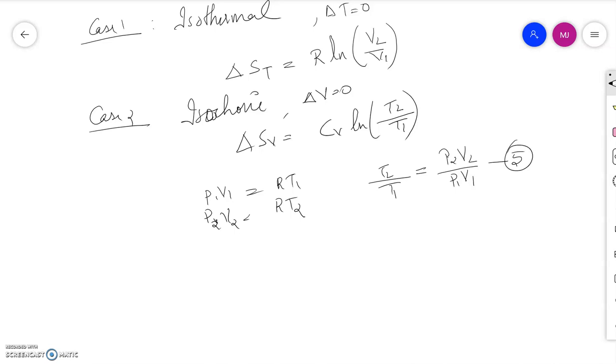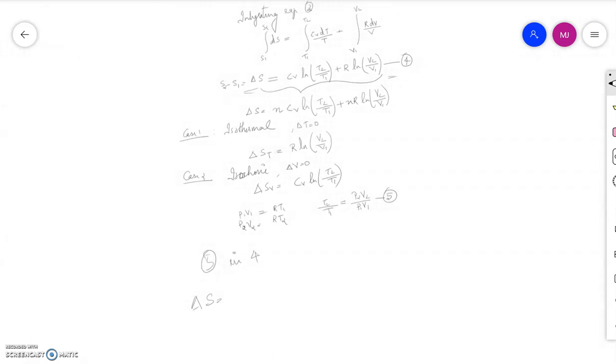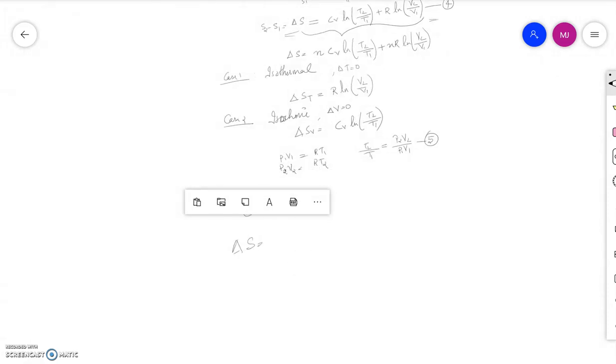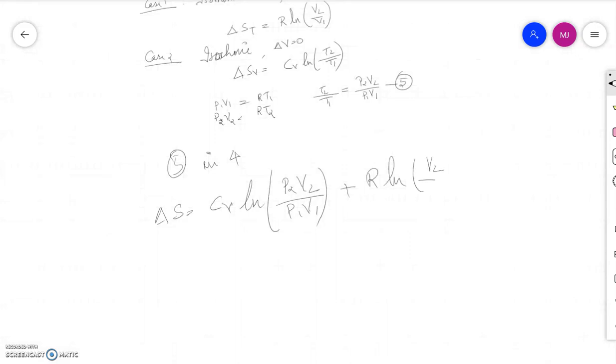Now what we're going to do is substitute 5 in 4. Therefore, this equation becomes delta S that is equal to Cv ln P2 V2 by P1 V1 plus R ln V2 by V1.